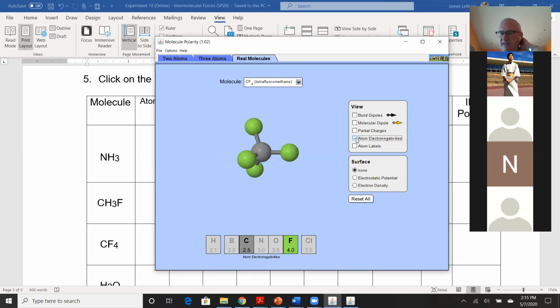Doesn't that make for a polar bond? I thought it was 1.0. Wait, what? 0.7? Oh, that's a pretty big difference. Yeah, any difference more than like 0.5 makes it polar. So those are polar covalent bonds, all 4 of them.